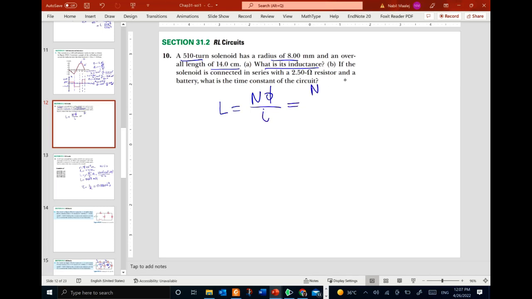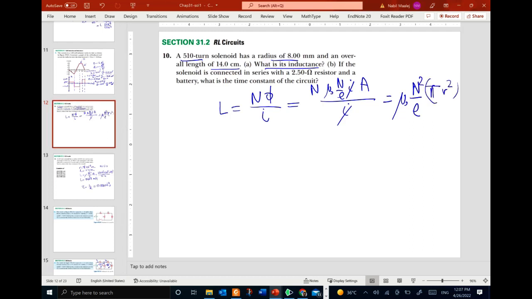So that's N. The flux linkage is the magnetic field times the area, where B is mu 0, small n, which is N divided by L, times I, times the area, divided by the current. The current will simplify, and you obtain mu 0 N squared divided by L times the area, which is pi r squared. Remember, sometimes the area may be rectangular, so don't always use pi r squared.